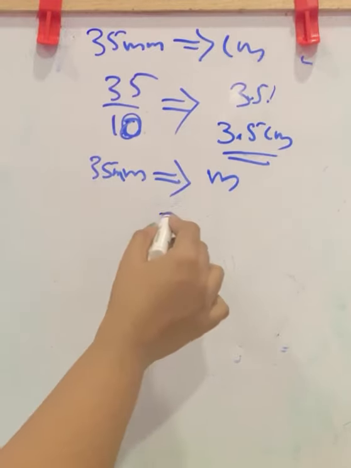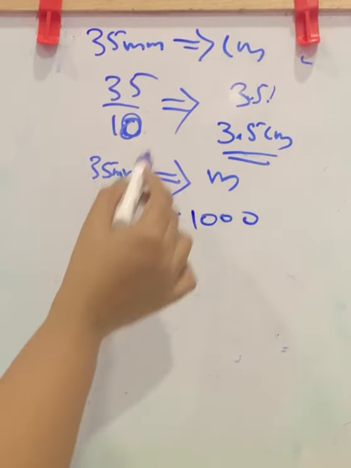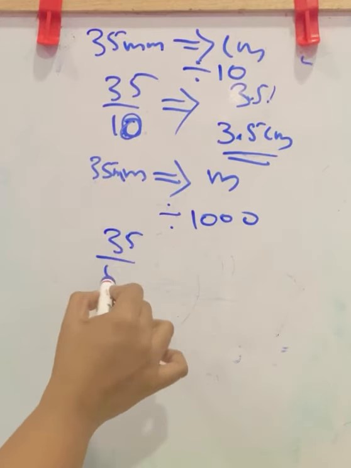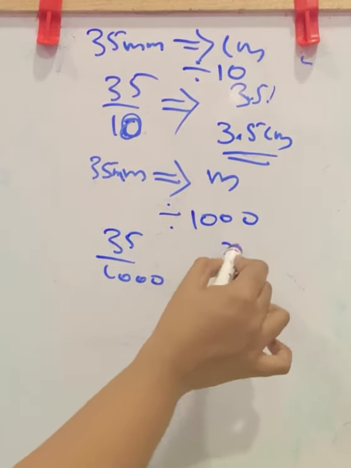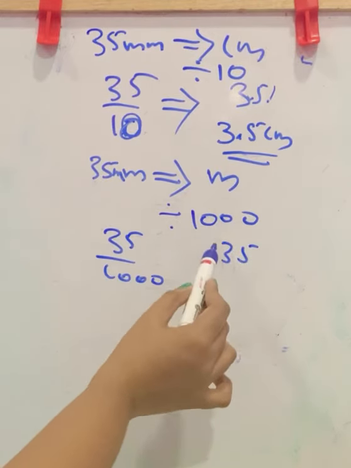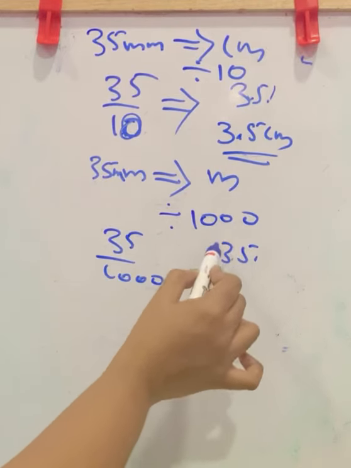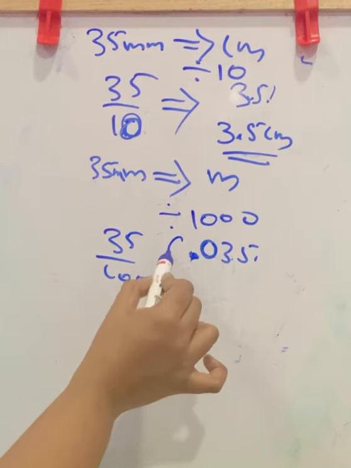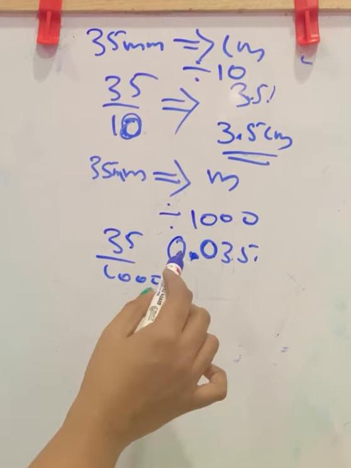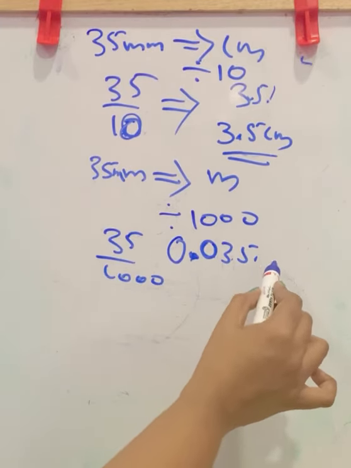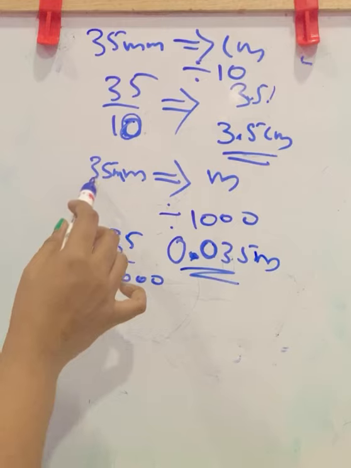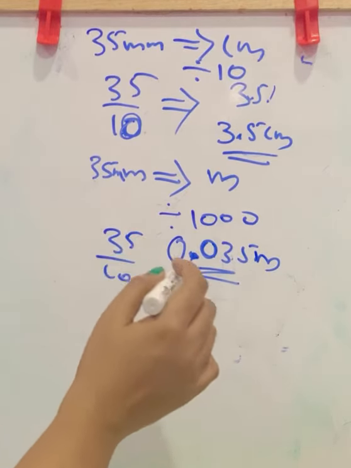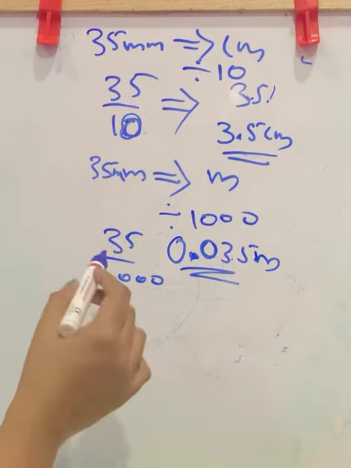Millimeter to meter is division by 1000, so it becomes 35 by 1000. 3 positions you want to change, so 1, 2, 3. It reaches here: 0.035. You can add a 0 in the whole number. So 0.035 meters. This is the answer.